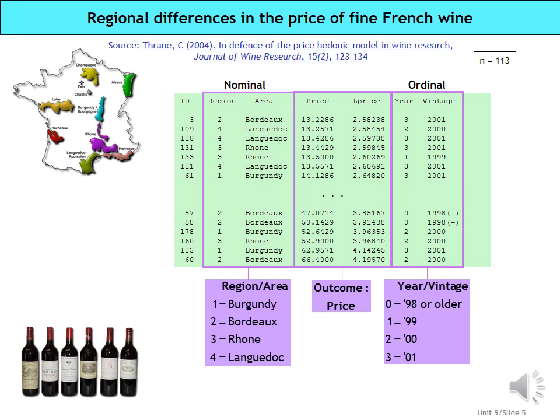These 99, 98, are these years? Years. It's just the production years. It's produced in 1998 or older years. It's produced in 99, it's produced in 2000, it's produced in 2001.